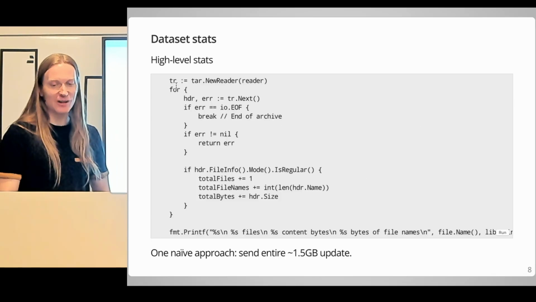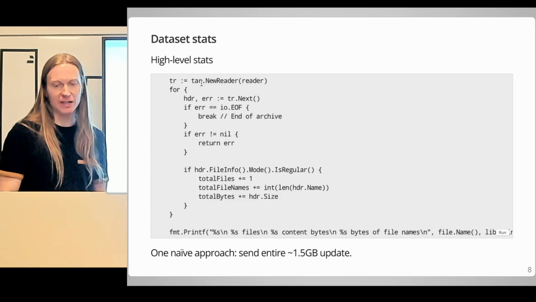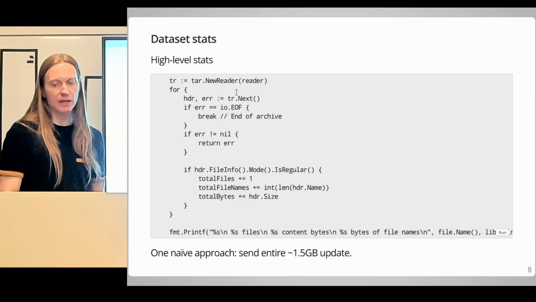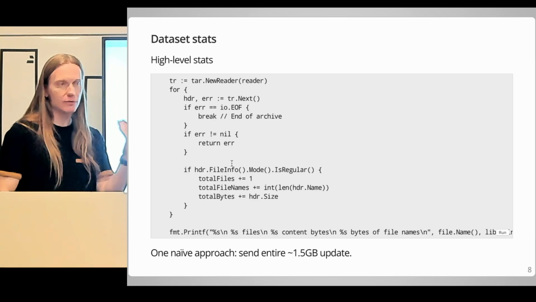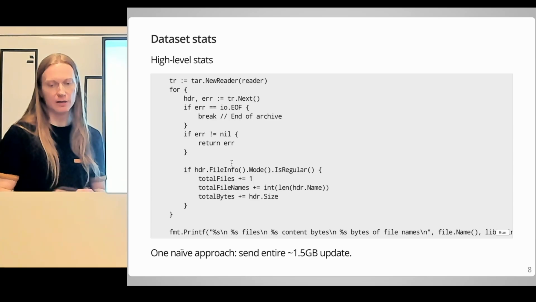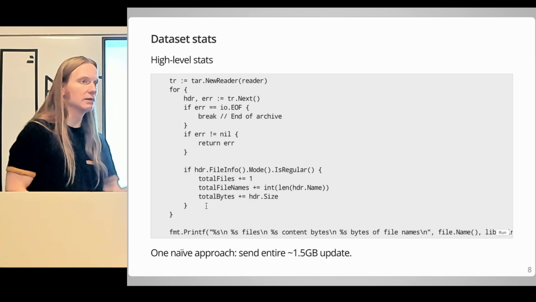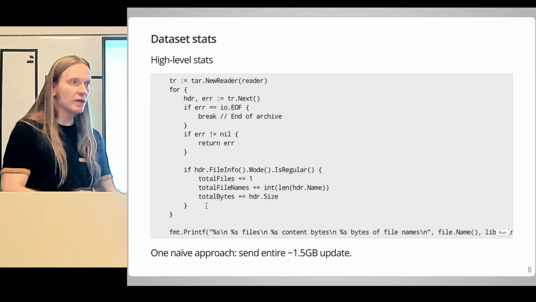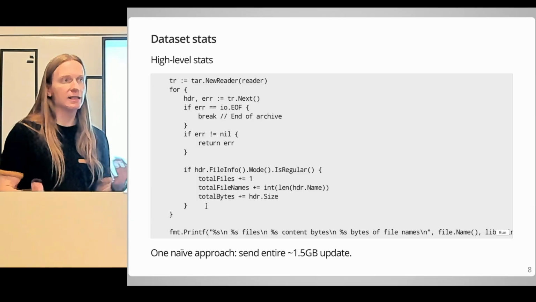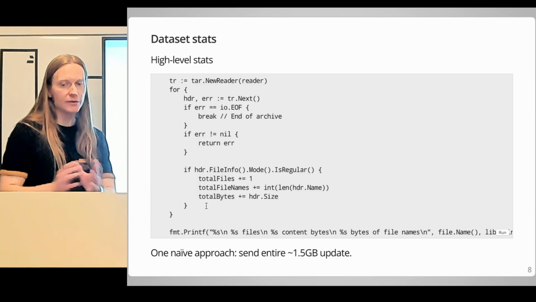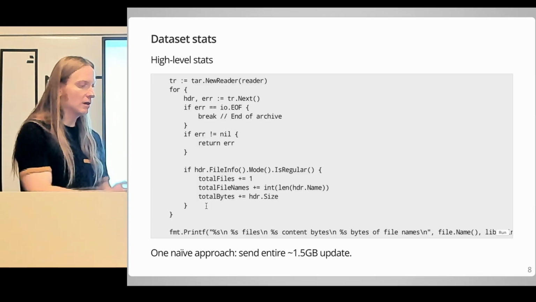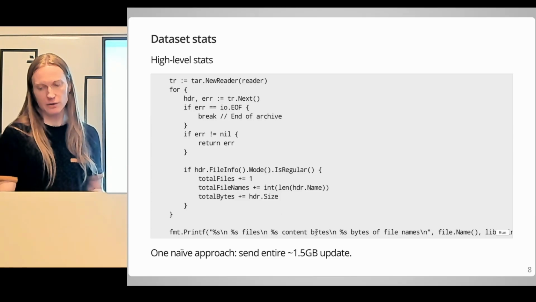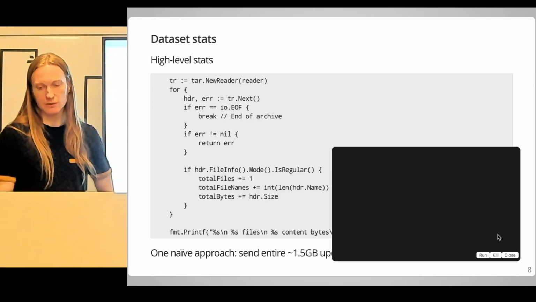So reading a tarball in Go, you say tar new reader, and you pass in basically the file handle. You get an iterator that gives you these headers for the different files packed into the tarball. And then there's info, and it's pretty easy to read the buffer. I decompressed the files because otherwise it took like 20 seconds to unpack them. So the files are decompressed on disk, but Go just loops over this, and it is super fast.